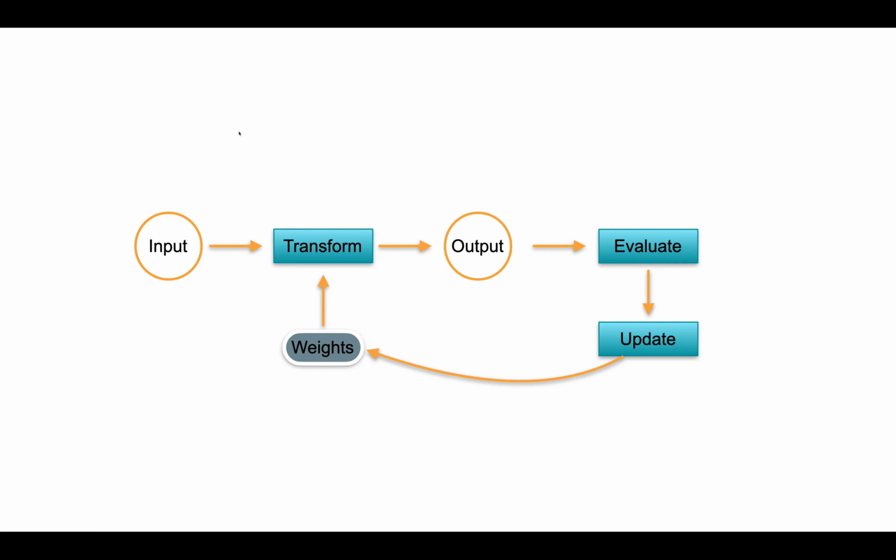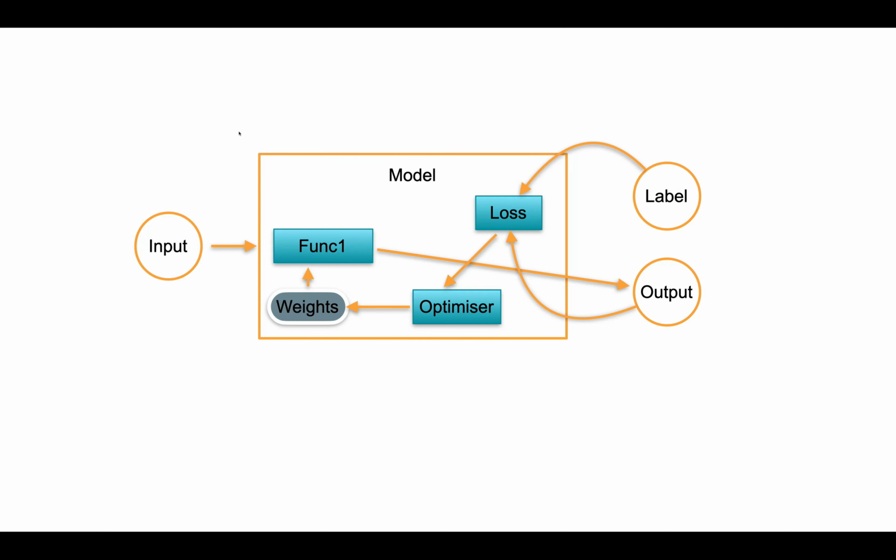Okay, so how does it do that? In terms of machine learning, we'll have something like this. We'll have the input, and then some sort of function where the input gets passed through and is transformed using weights, and it outputs an output. That output is passed to another mechanism called the loss function, which will take the actual values, in this case called labels, and produce the difference.